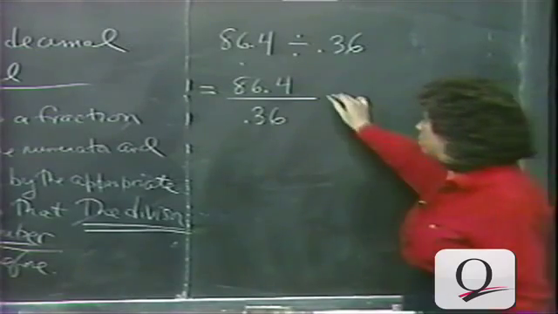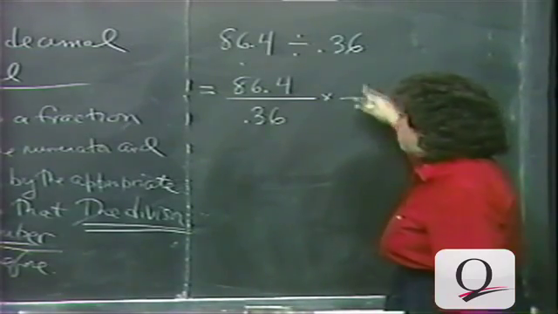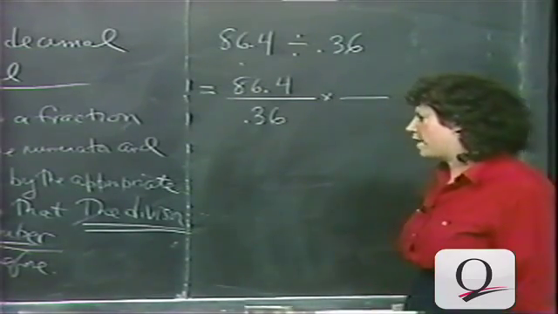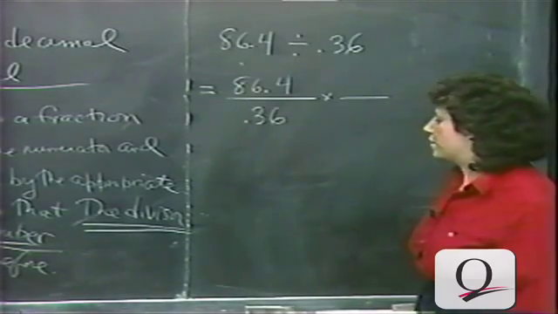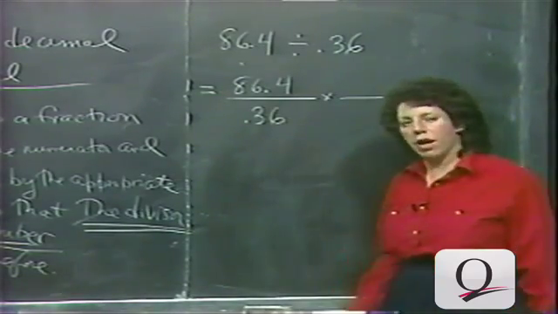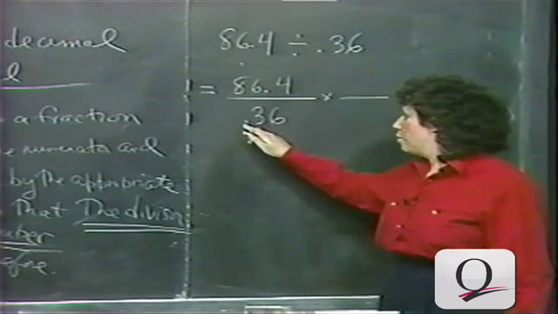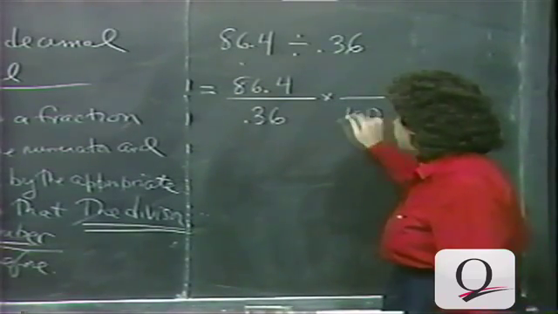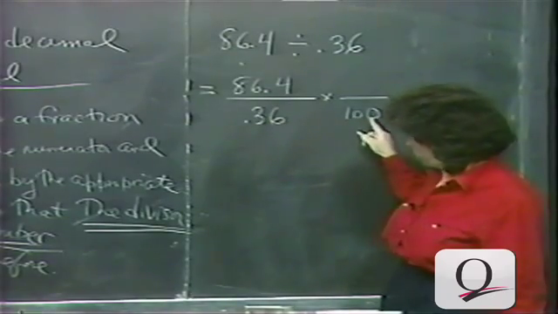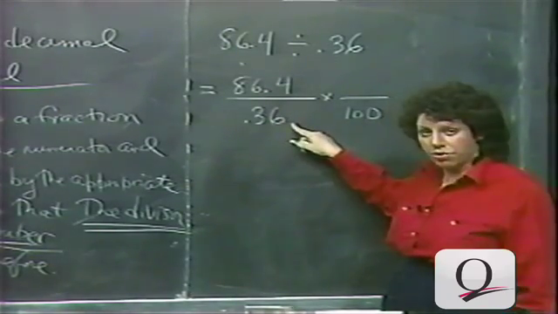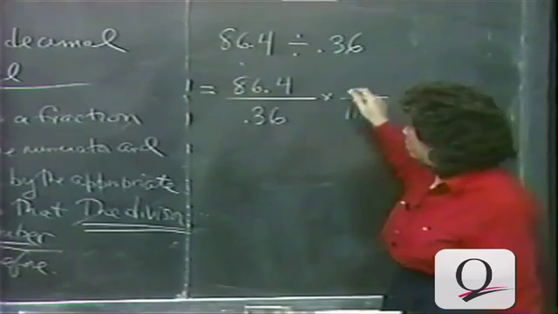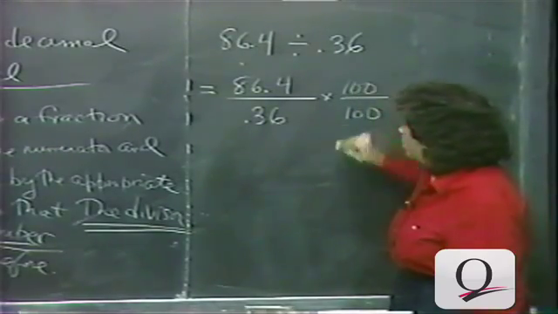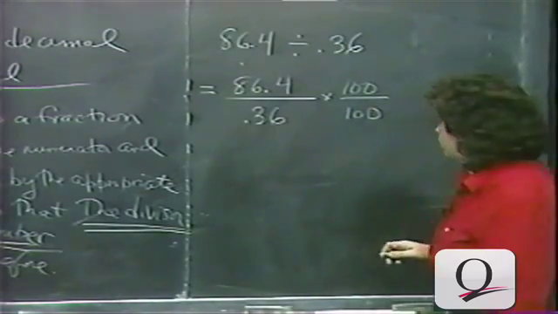Now we want to multiply top and bottom, numerator and denominator of this fraction by an appropriate power of 10 so that the divisor will become a whole number. 0.36 has to be multiplied by 100 to move the decimal point 2 places to the right and turn this into an integer. If you multiply the denominator by 100, you have to multiply the numerator by 100 as well.